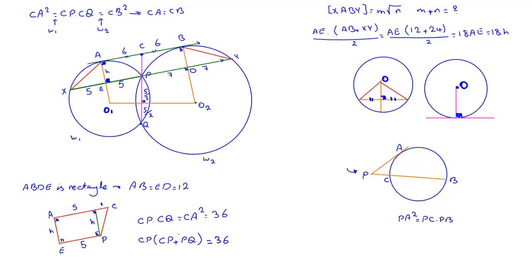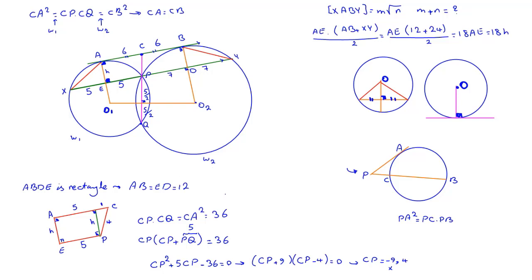So 36 equals CP squared plus 5CP. We take 36 to the left-hand side, equal to 0. Now we factorize: 36 is plus 9 times minus 4. So CP is negative 9 or 4. Negative 9 is not possible because CP is a length. So CP is 4.